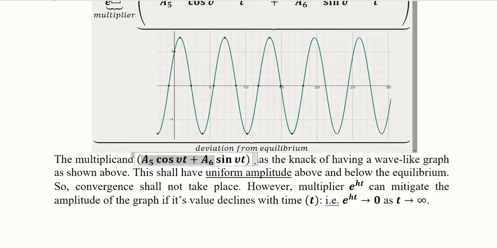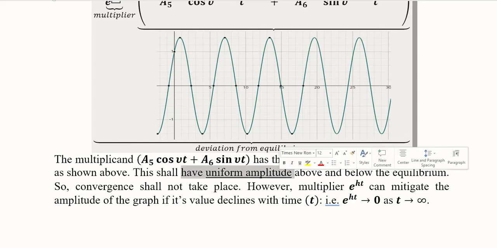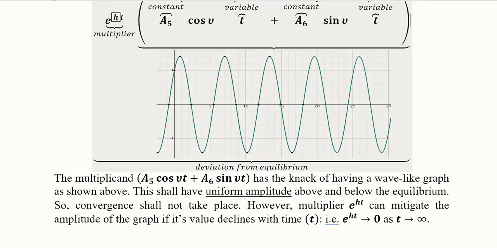This is the multiplicand, and it has a wave-like graph, and right now it has the uniform amplitude or the uniform oscillation, but the third possibility is also the same, that is the wave-like motion will remain the same. Actually there will be three possibilities, that is convergence, divergence, and the third one is uniform amplitude or uniform oscillation.